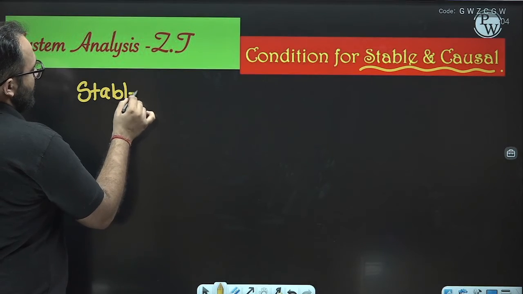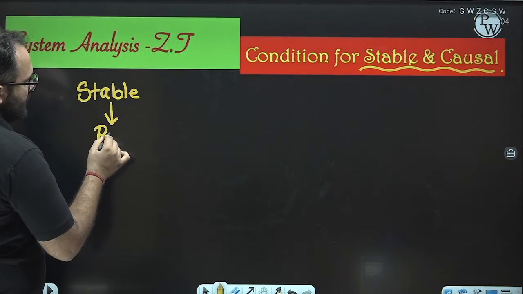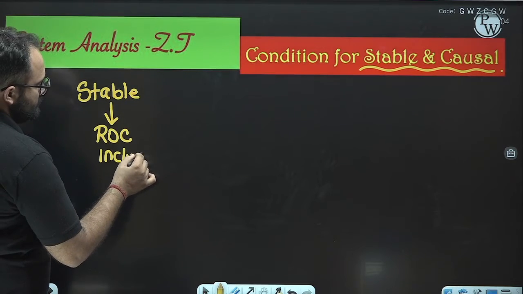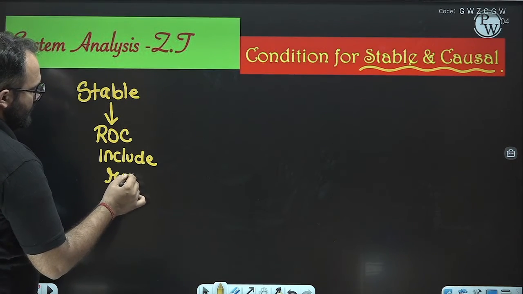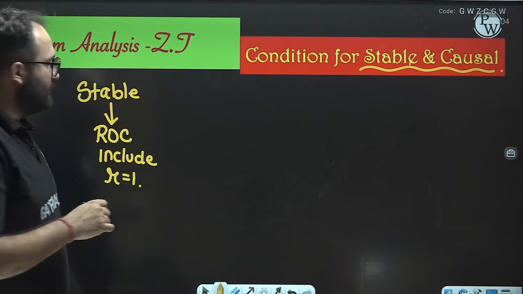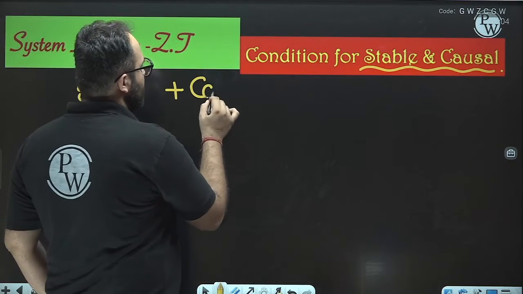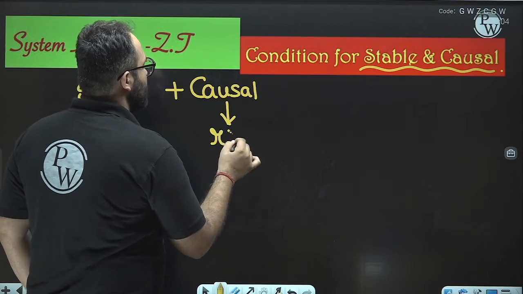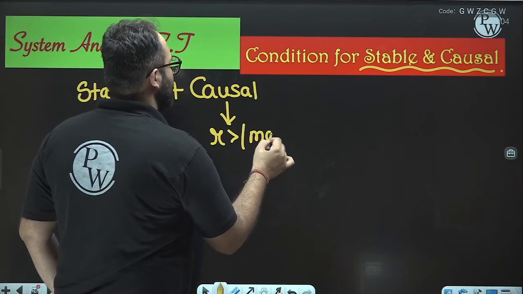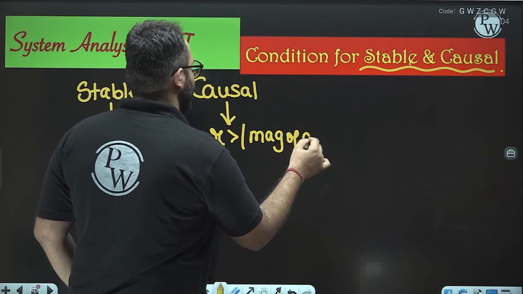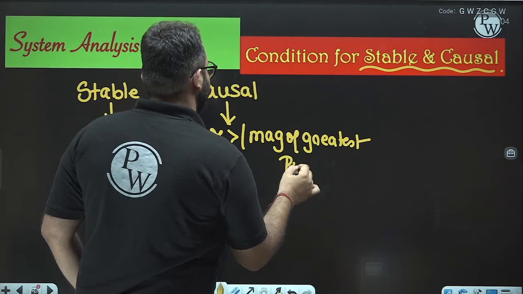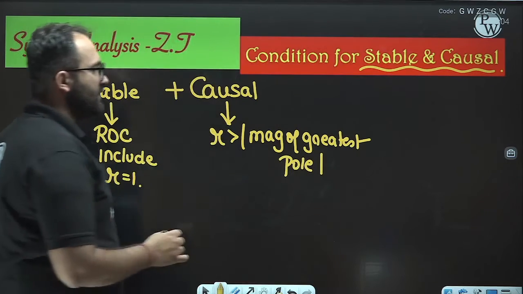Now, for stability, we need the ROC to contain R equal to 1, meaning the unit circle, and for causality, the ROC should be R greater than the magnitude of the greatest pole.